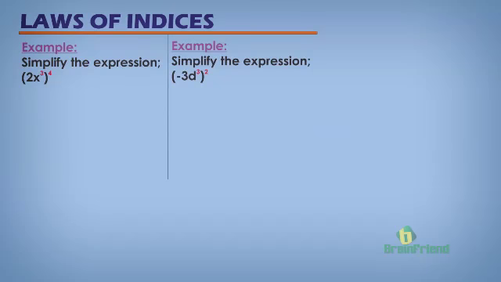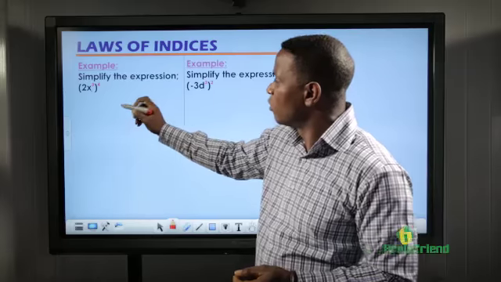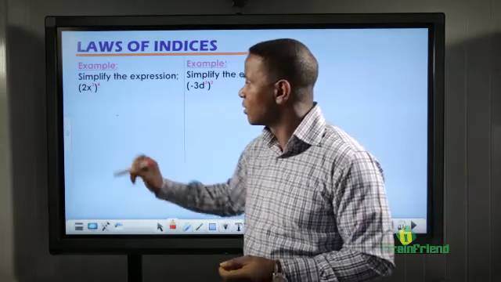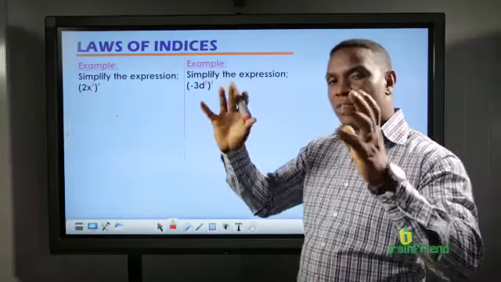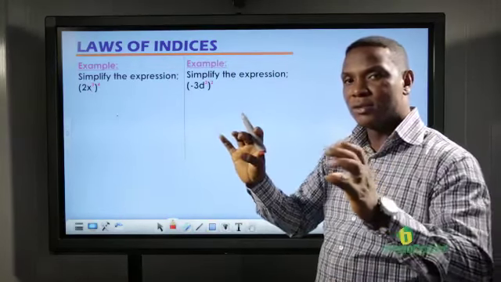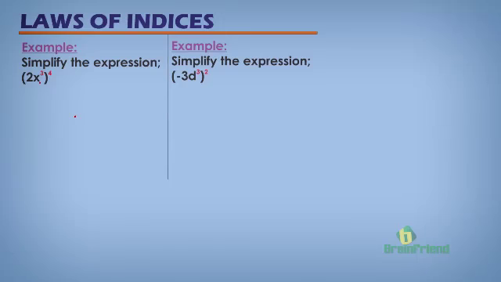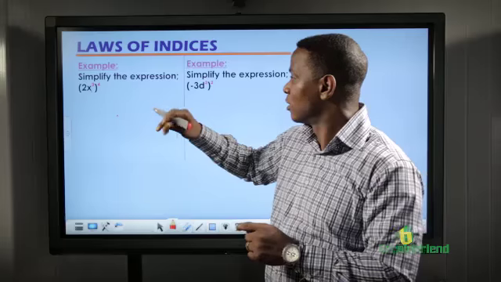If we're given this expression 2x raised to power 3, all enclosed in brackets raised to power 4, how would we go about this? Remember we said something about the brackets? The bracket encloses everything within it and lets us know that whatever operator is outside of it works on everything within the bracket.